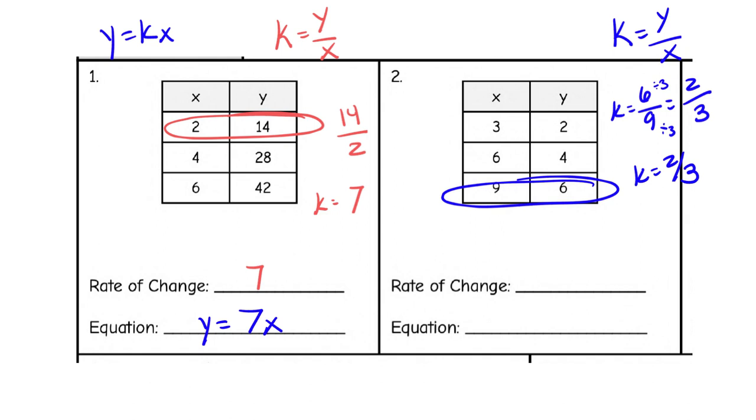So the rate of change is 2/3. Now the equation. Again, I know y equals k times x. So the equation would be y equals, insert the rate of change, because I figured it out, that is our k, so 2/3 times x, or 2/3 x.